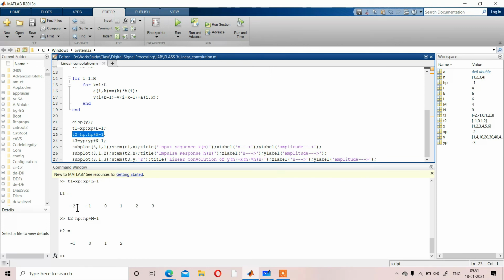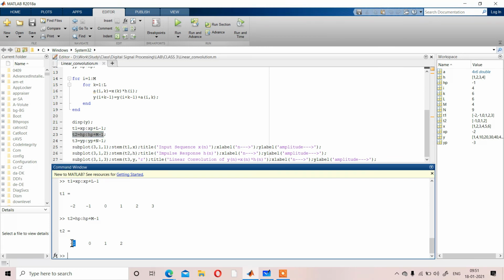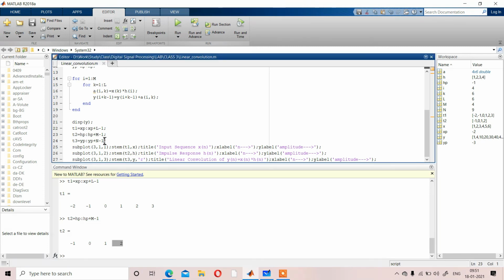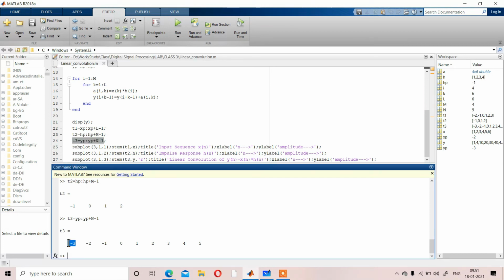So index of x will start from -2, index of x will end at 3. Similarly, t2, index of h, will start from -1 and it will end at 2. Okay, so t3, that is for output y, index of t3 or index of y will start from -3 and will end at 5. So length is 9.